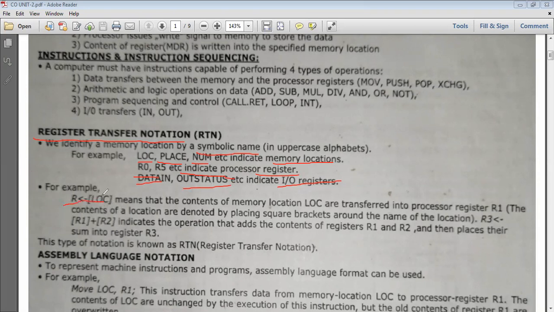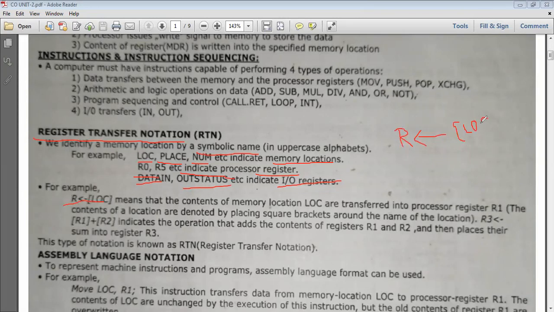What is the meaning here? In this, the register R. Based on the arrow mark, we identify from where to where the data is transferred.